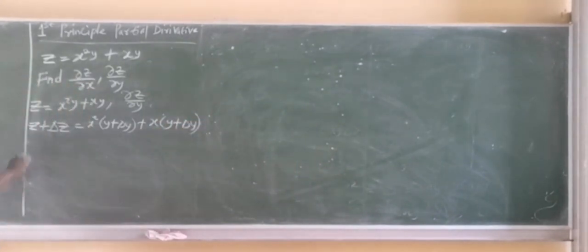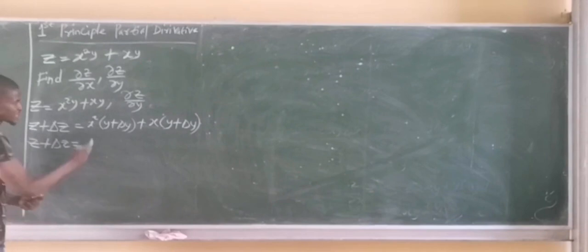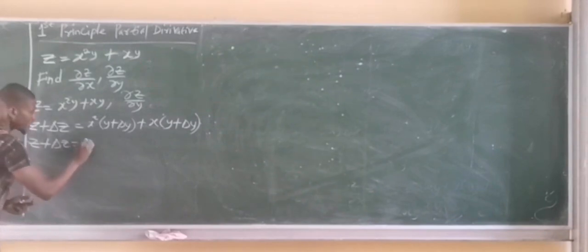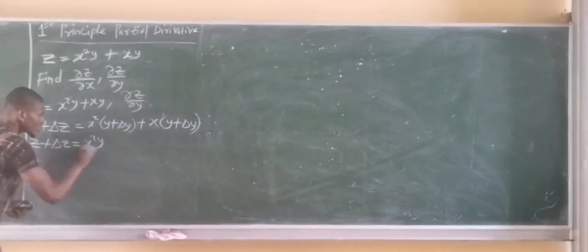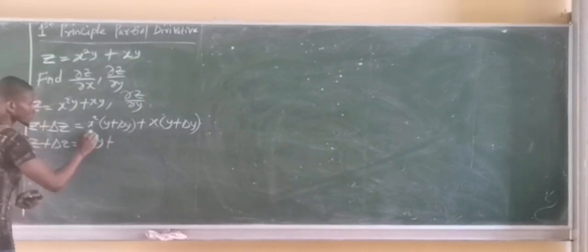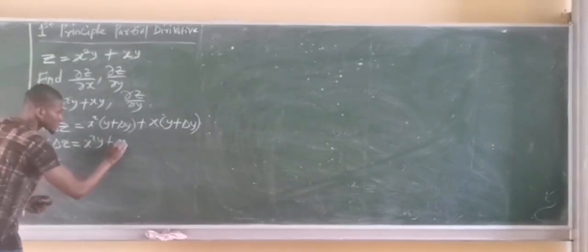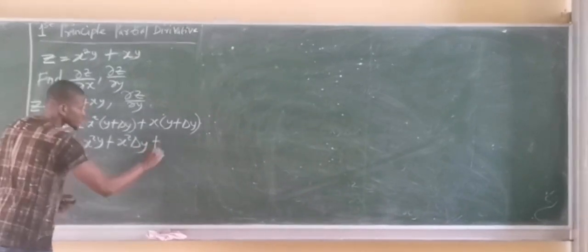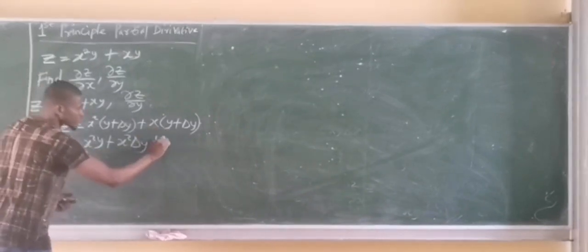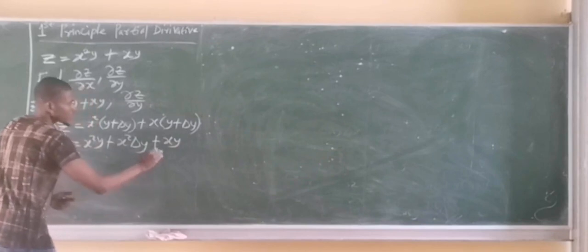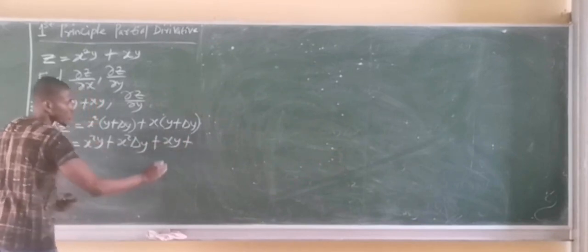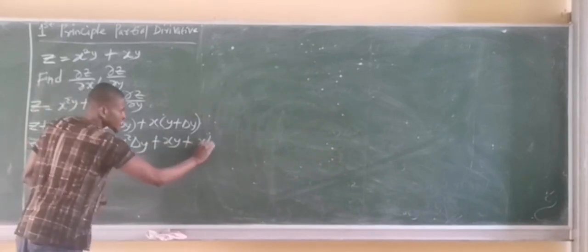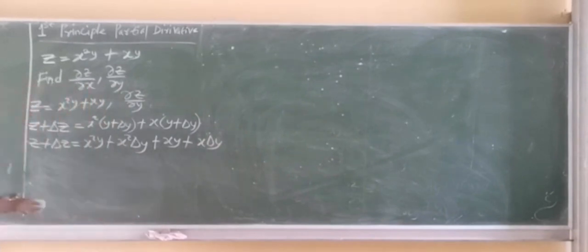So I have z plus change in z equal to, now we expand the bracket, x squared multiplied by y gives us x squared y, plus x squared multiplied by change in y gives us x squared change in y, plus x multiplied by y gives us xy, plus x multiplied by change in y gives us x change in y.